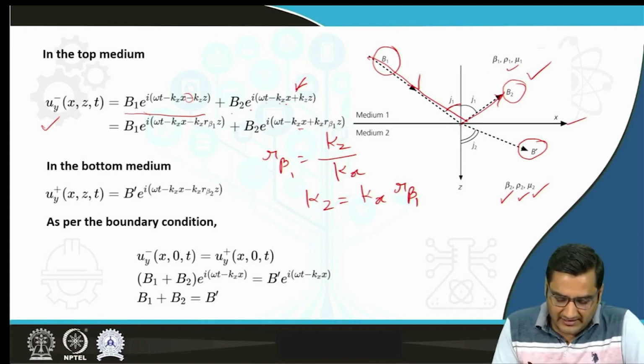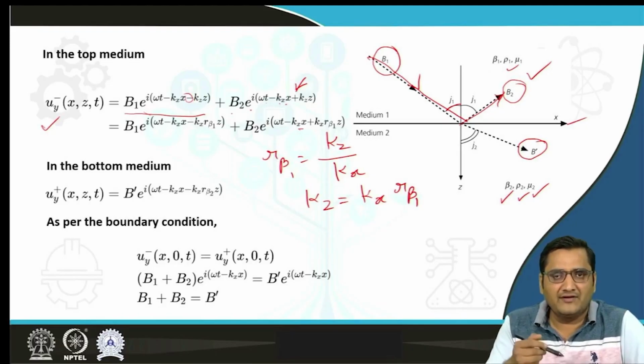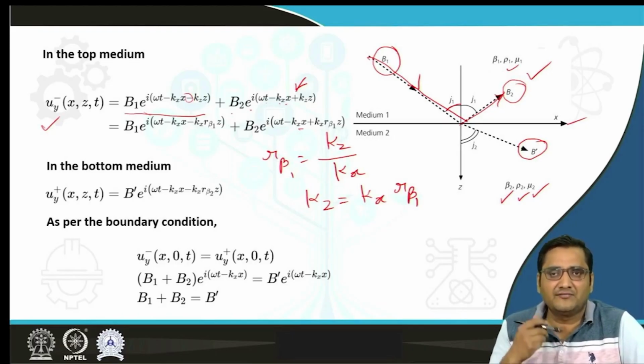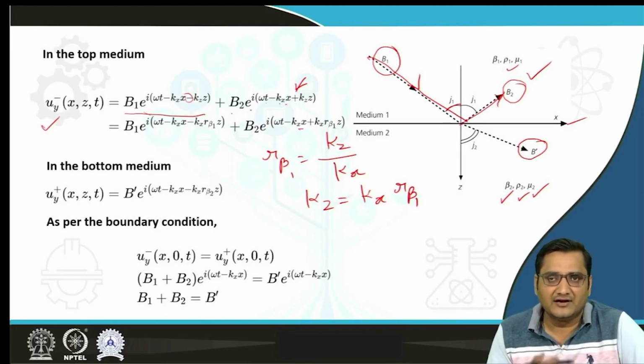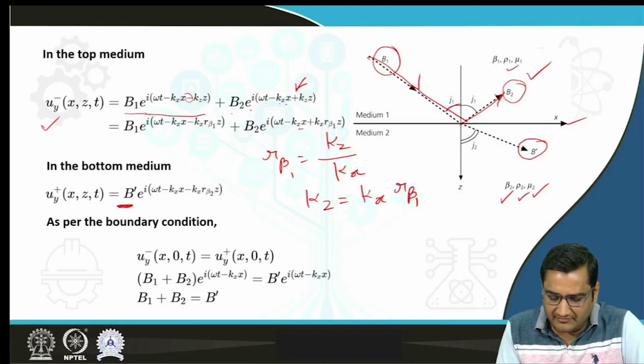Now the displacement in the bottom medium. Why are we trying to find the displacement? Because the first boundary condition is that the displacement is continuous. So in the bottom medium, u_y plus in bracket x comma z comma t will be equal to B dash, the amplitude of the transmitted wave. Because the wave is going down, there will be a minus term in k_z.